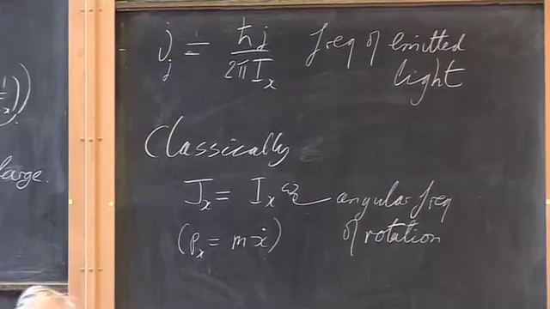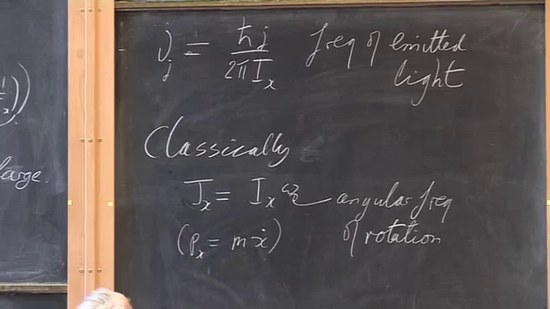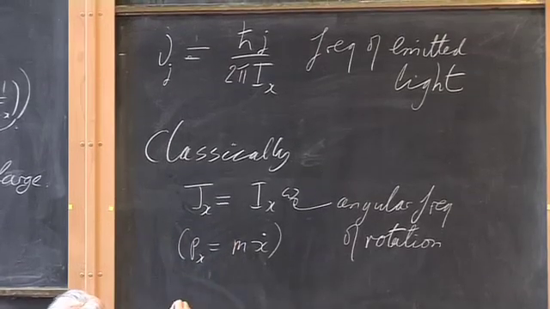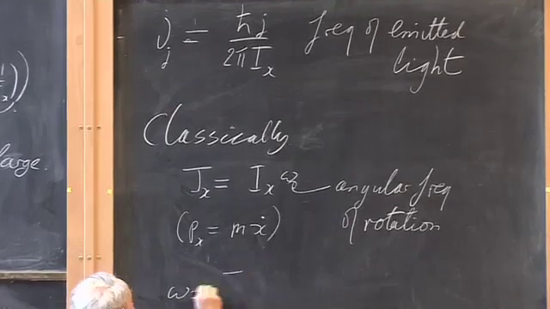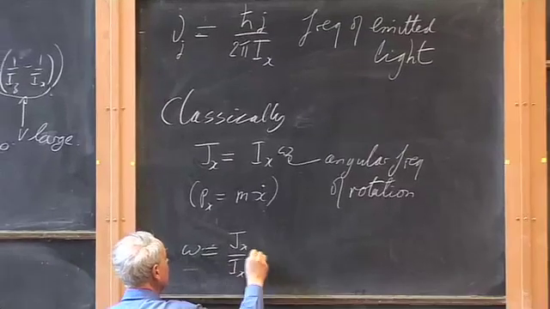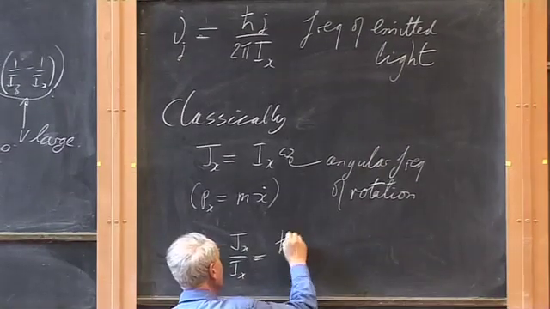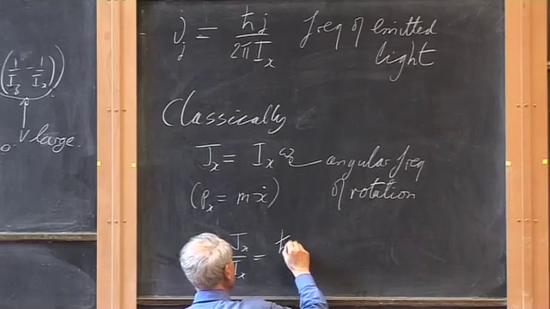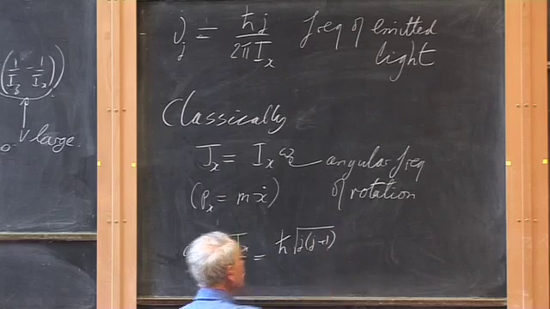So when you're in a state, what do we think that omega should be? Omega should be equal to J_x over I_x. That's classical. Doing it quantum mechanically, this is going to be h bar times the square root of j plus 1.